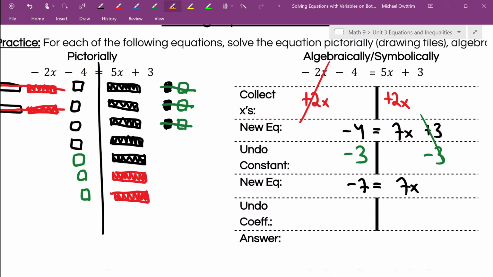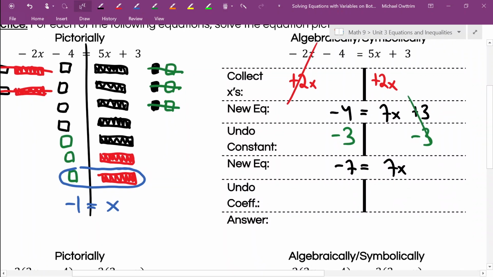Last thing to do is to split up my drawing into equal rows of 1x. So I can see that each of my x's in this drawing is just matching to one negative constant. So I can say my solution is that negative 1 is equal to x. In terms of my algebraic work, I want to undo the coefficient on the x.